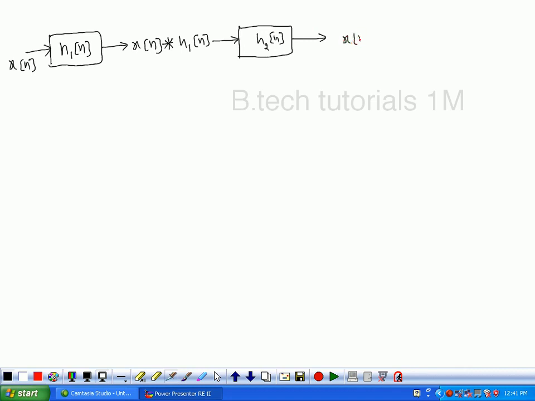x of n convolution with h1 of n. Okay. So this is the input to the second system. So therefore impulse response is h2 of n. So the output of the second system is input convolution with h2 of n, is that right?